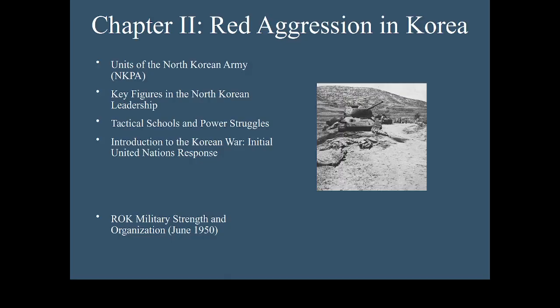The U.S. announced immediate military aid to the Republic of Korea. So the UN doesn't have an army, right? The only way the UN gets something is people volunteer. In this war, it was nominally a United Nations war. Now again, the Soviets didn't get a vote. So you might ask, wait, what's going on there, Professor? Exactly. But what ends up happening here, Douglas MacArthur is authorized to send U.S. forces from Japan to Korea.